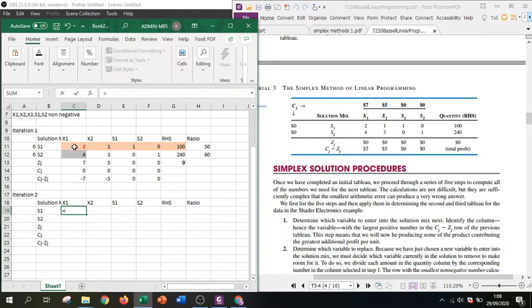This is okay because the pivot element in this is 1, so this is x1. Yeah. And then we can find the second row.